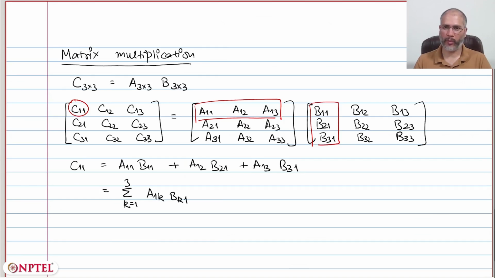Now this is C11, which with our summation convention, or the Einstein notation, can simply be written as A1k times Bk1. So the sum over the index k is implied here.